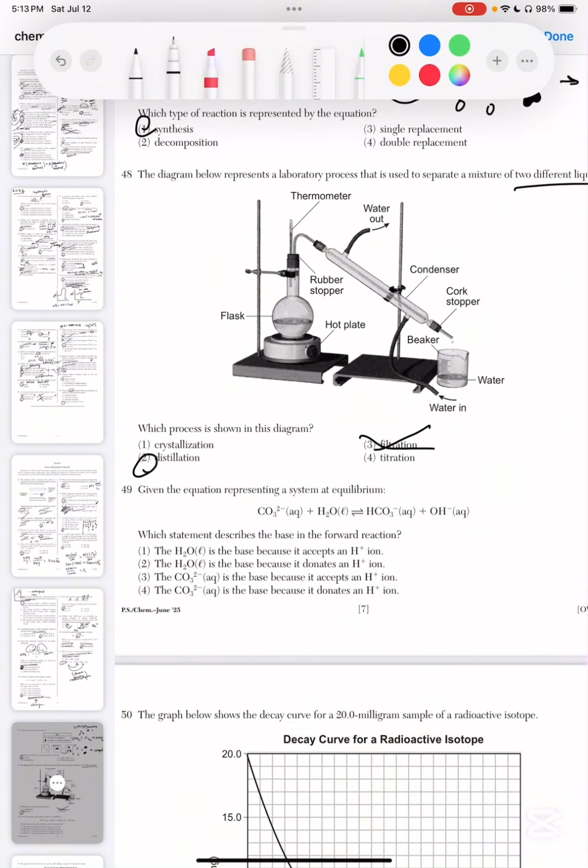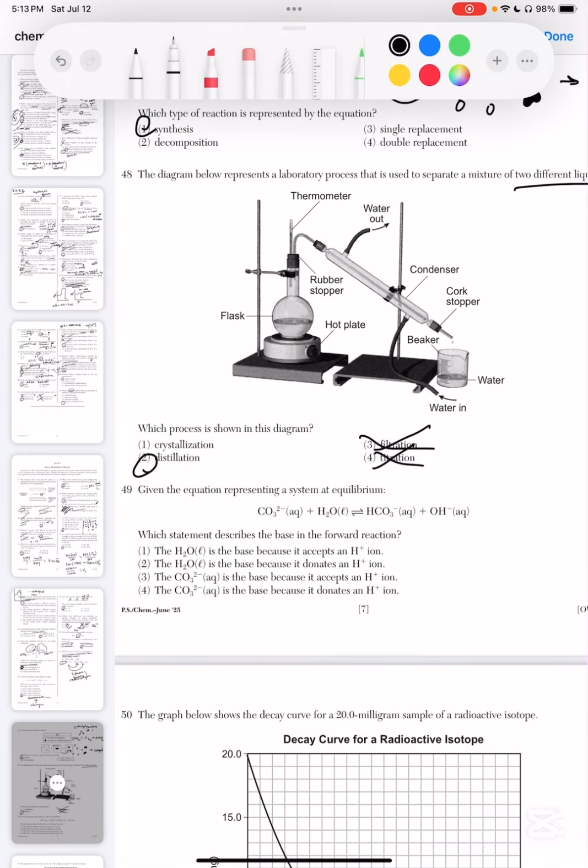I don't think titration is a way to separate mixtures. It's more for quantitative analysis. In a normal acid-base titration, you determine the concentration of your analyte, and in a redox titration, you're determining how much of your oxidizing agent you have.